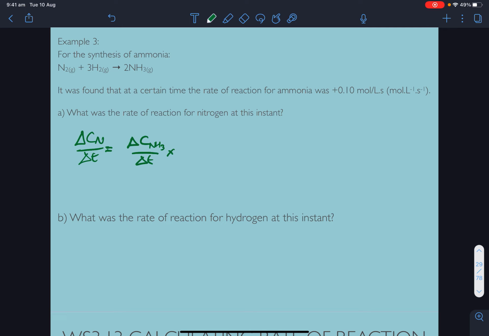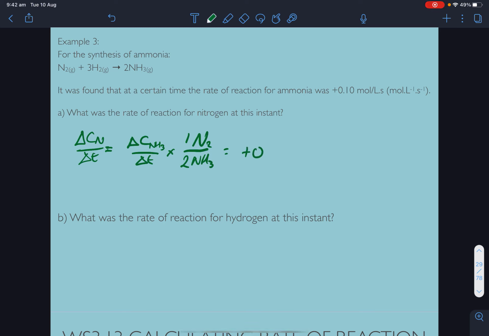Let's get it around the right way. Ammonia and nitrogen are at the top. So nitrogen is 1, ammonia is 2, so it's going to equal half that.